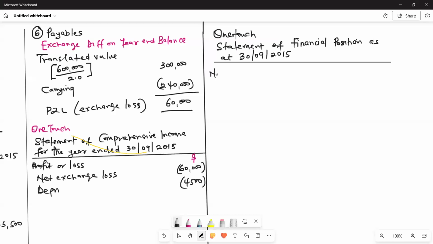Please, so per IAS 21, do you apply the same principle when it comes to hedging?